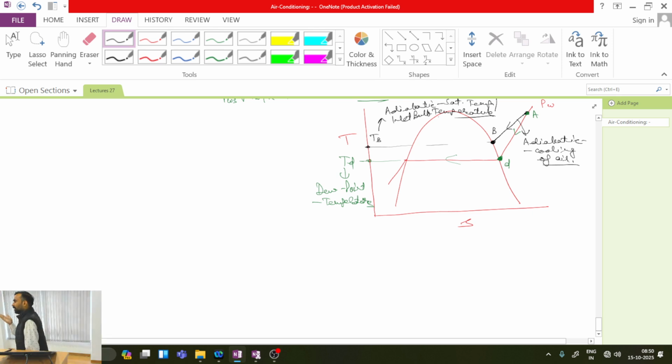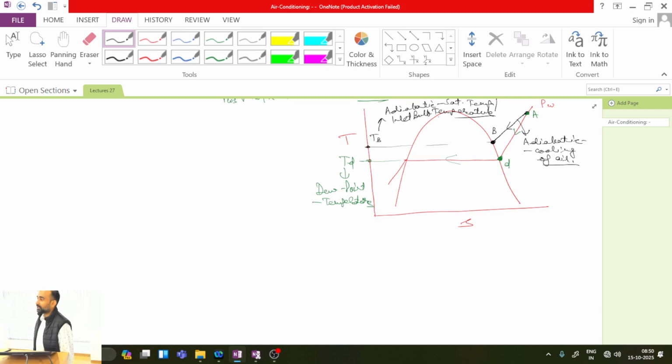So if you simply do adiabatic cooling of air, it can reach the saturated condition if you allow an infinite amount of water to cool it. Whenever it reaches the saturated condition, the temperature we get is called the adiabatic saturation temperature or wet bulb temperature. And you will usually experience that this wet bulb temperature is slightly larger in comparison to the dew point temperature.